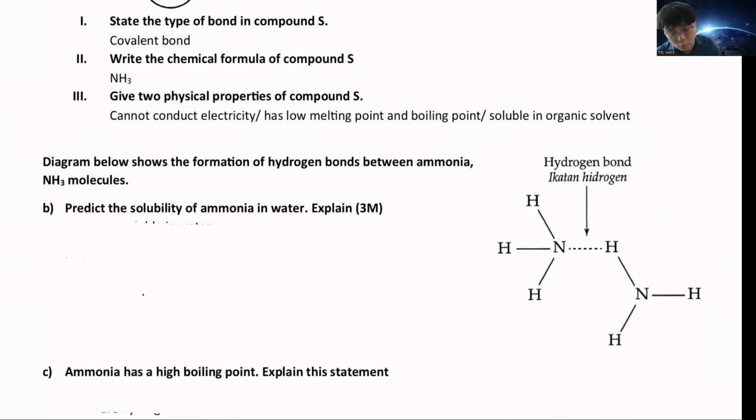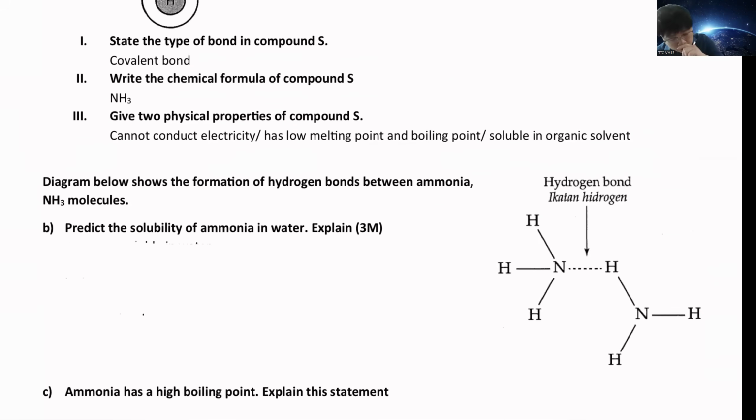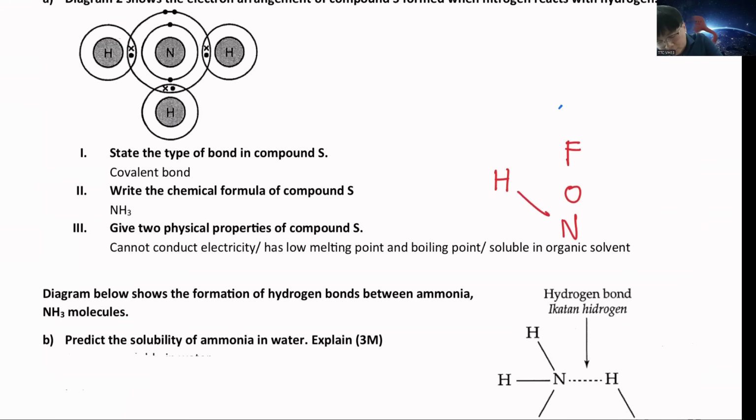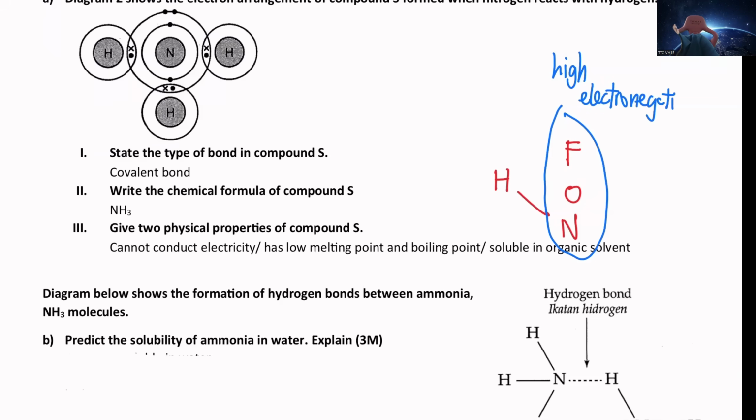Okay, so I explain to you what is hydrogen bond. Hydrogen bond occurs when hydrogen is connected to FON. Why FON? Because FON are highly electronegative. What is high electronegative? Very strong in attracting electrons.